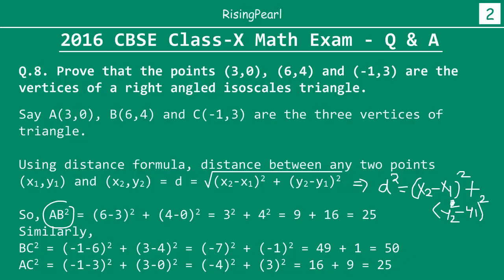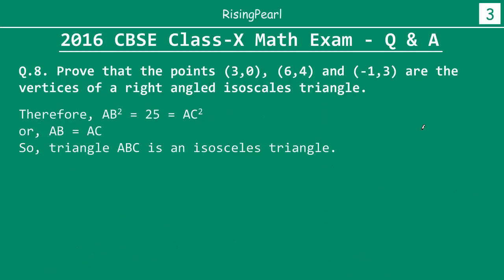Now we can clearly say that AB square is 25, which is the same as AC square, so AB equals AC. So the triangle ABC is an isosceles triangle because two sides of the triangle are equal. For it to be a right angle triangle, we note that AB square plus AC square, which is 25 plus 25, is equal to 50.